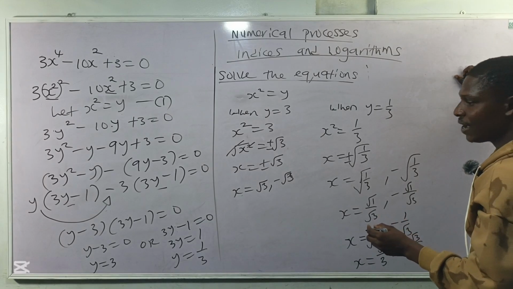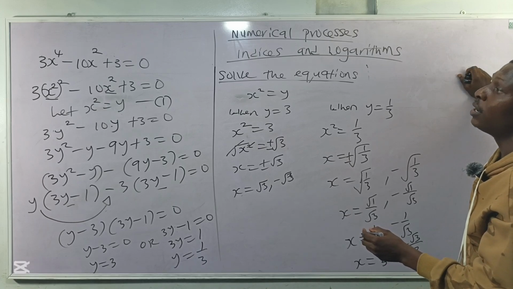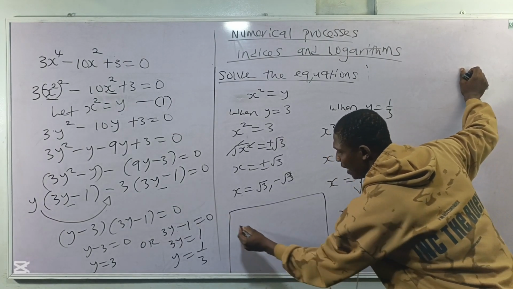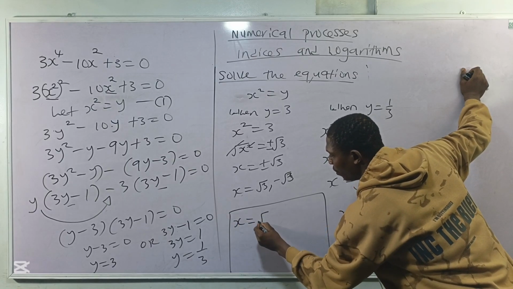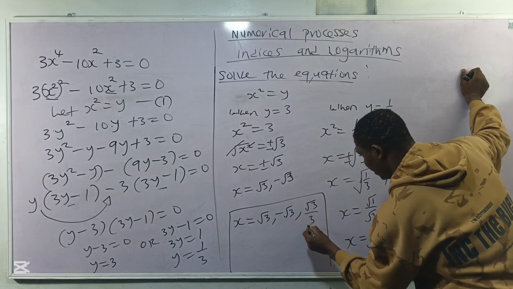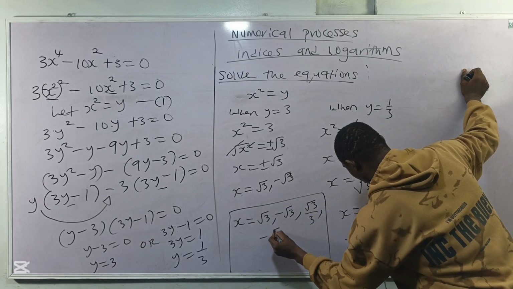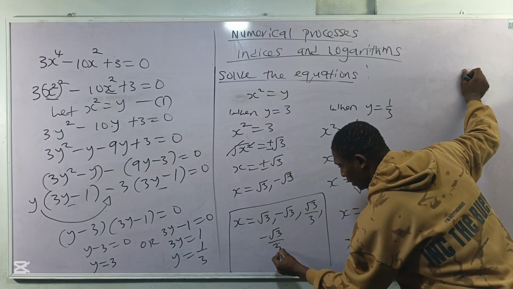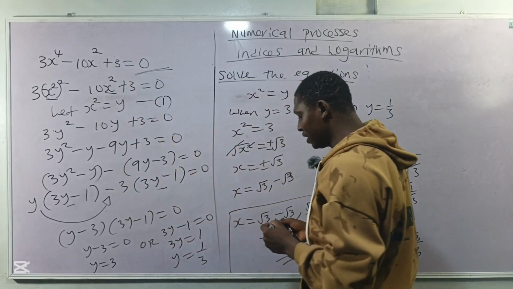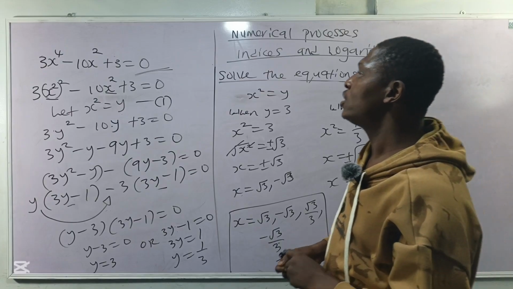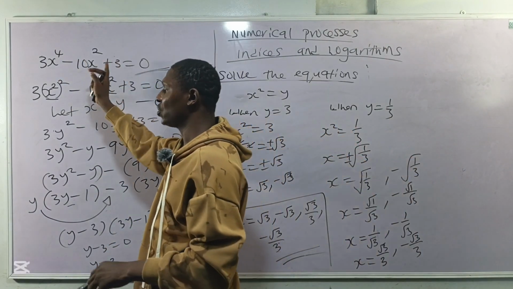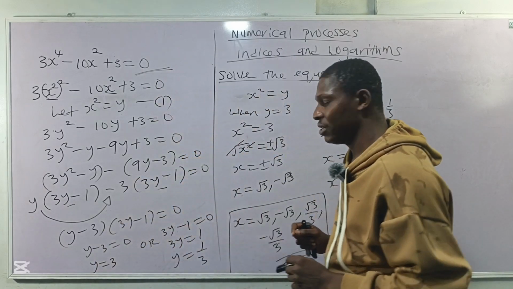So the values that satisfy the equation for x are x equal to root 3, comma, minus root 3, comma, root 3 over 3, comma, and minus root 3 all over 3. These are the 4 values that satisfy this equation. Another thing you must know: as long as the highest power here is 4, we must have 4 expressions that satisfy this equation. Thank you.